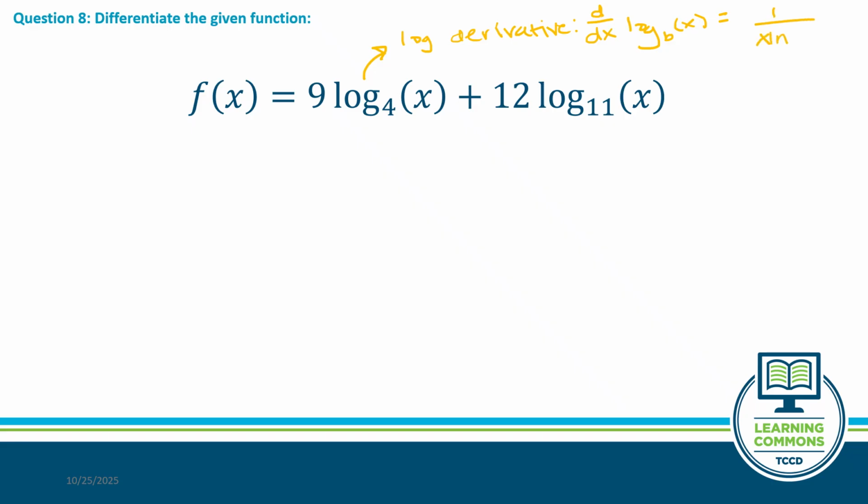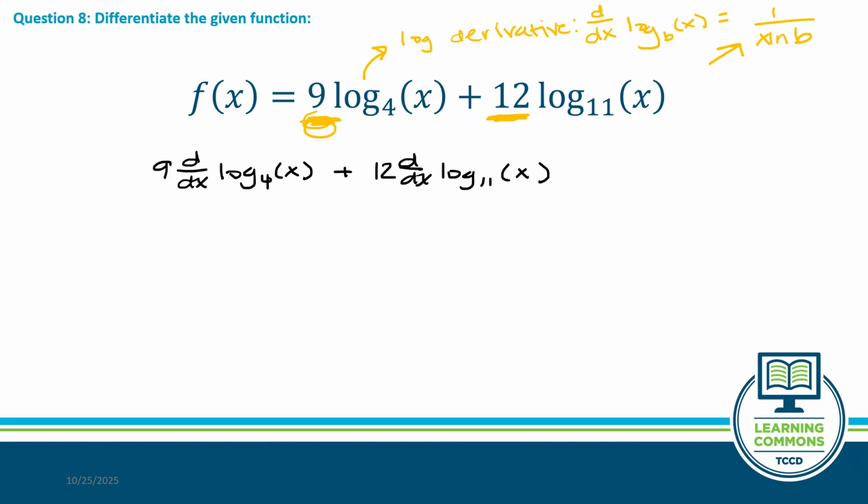Okay, so already I can pull these coefficients out. If this is too much for you and you don't like that these are sitting here and it messes with this rule, pull them out, okay? So 9 d/dx of log base 4 of x plus 12 d/dx of log base 11 of x.